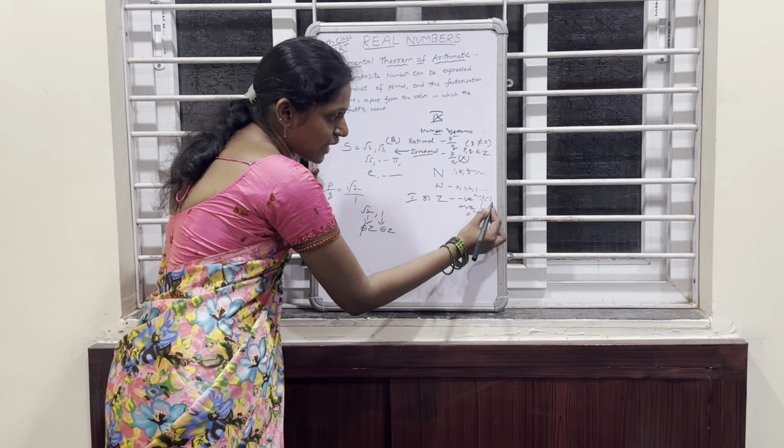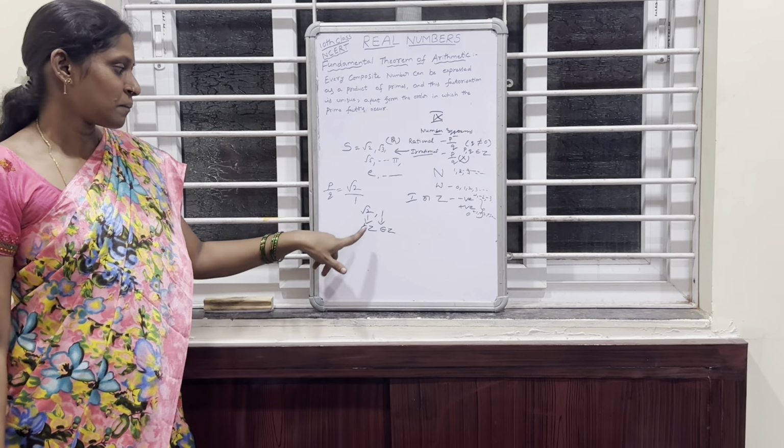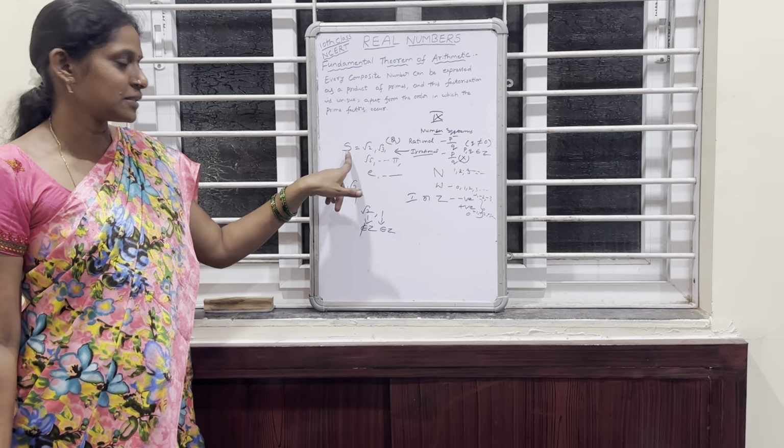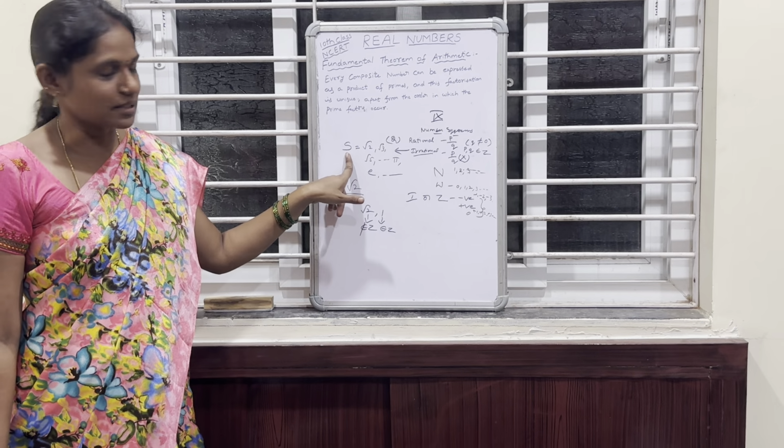I did not say any root values. So this we cannot write in p by q form. So this is an irrational number.